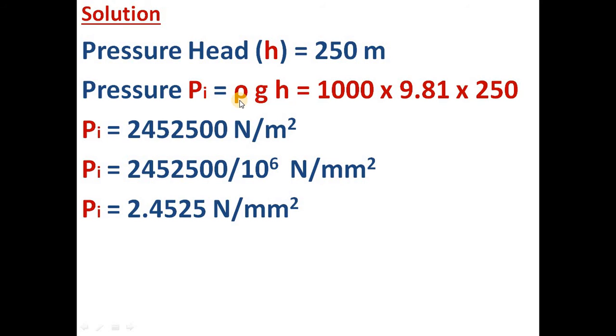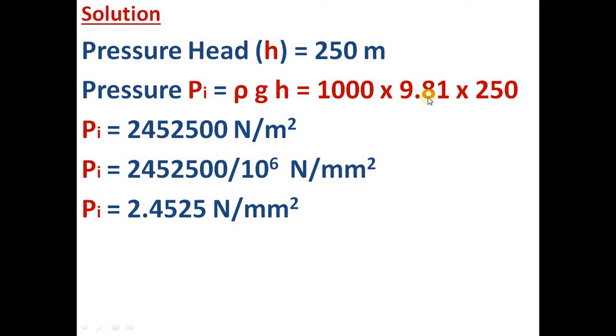Rho is the density of water, since the fluid is water itself, so its density can be taken as 1000 kilogram per meter cube. G is 9.81. H is given in the problem as 250 meters.